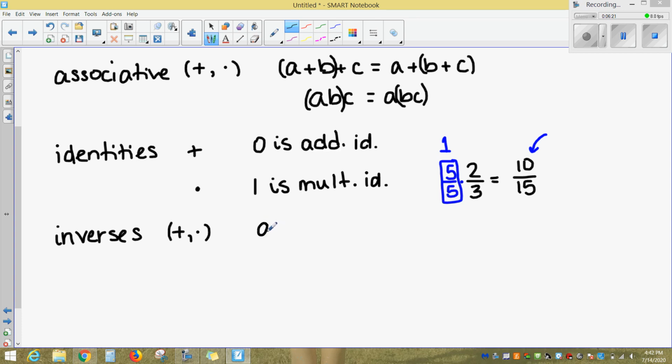When we're talking about additive inverses, if I start with some generic number A, its additive inverse is the number I can add to it that takes me back to the additive identity, which is 0. When we're talking about multiplication, we're talking about the number we can multiply times A to get back to the multiplicative identity, which was 1.